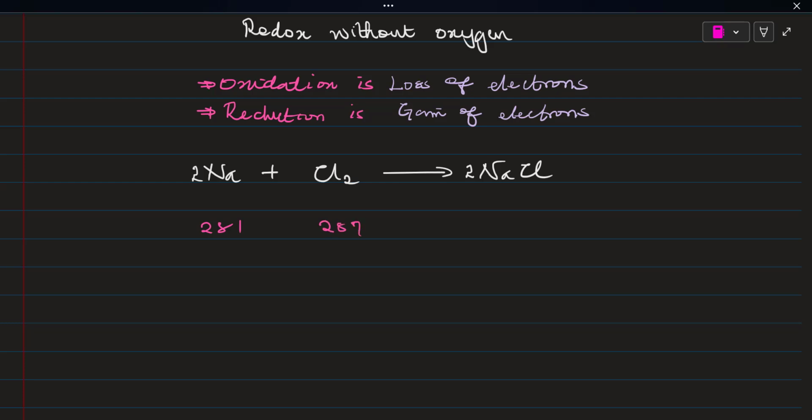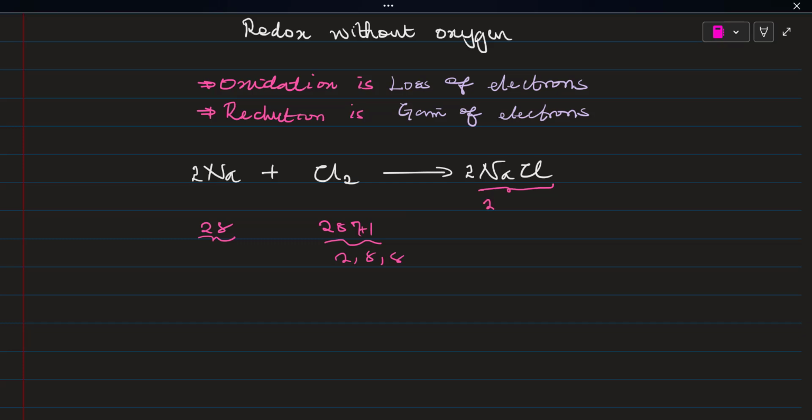The way we did for magnesium and oxygen last time, sodium can lose 1 electron, and chlorine gains it, 7 plus 1. So sodium becomes 2,8 and chlorine becomes 2,8,8, and both of them have the electronic configuration of the closest noble gas to them.